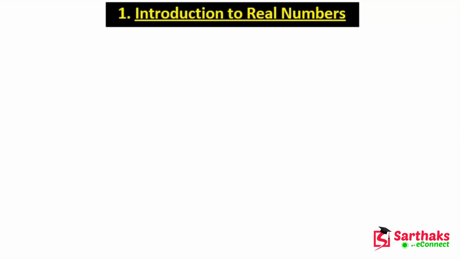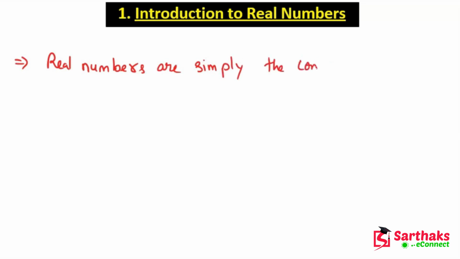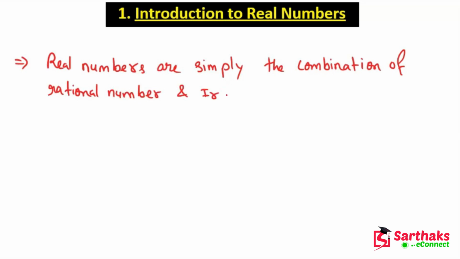So basically we can write here: real numbers are simply the combination of rational numbers and irrational numbers.